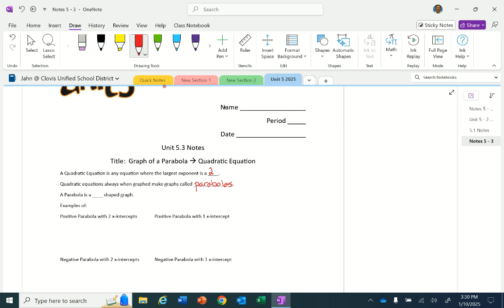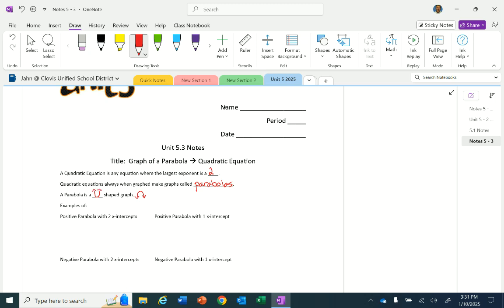A parabola is a U-shaped graph, okay? And remember that the U-shaped graph could go upwards or downwards. So it's going to be a downwards U, or it's going to be an upwards U, okay?